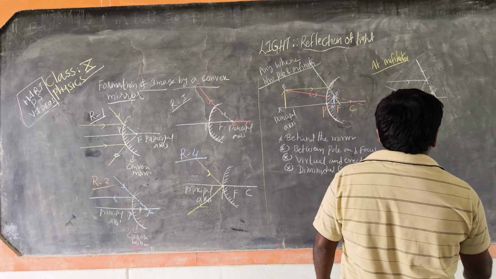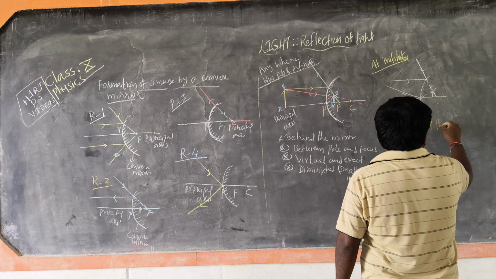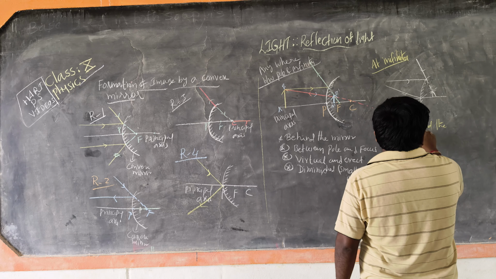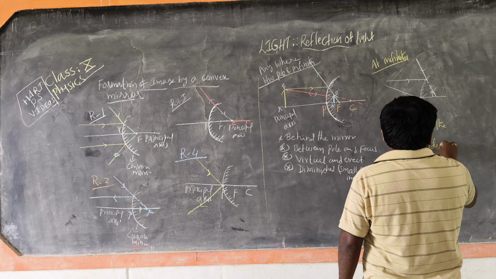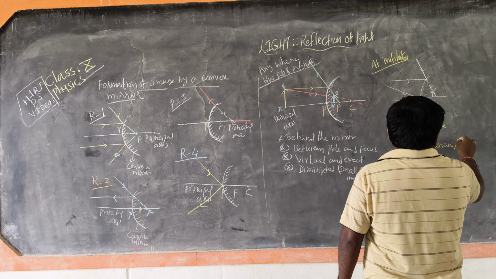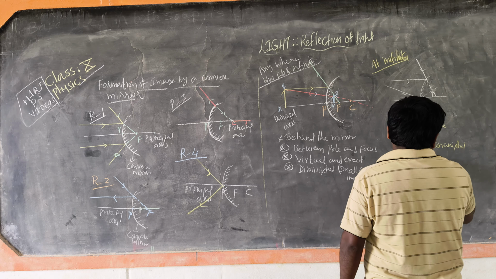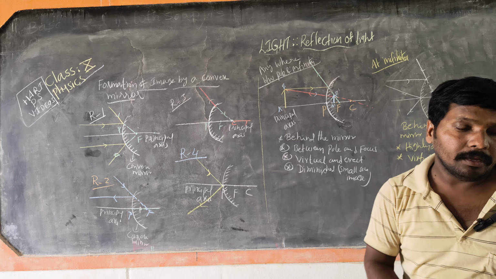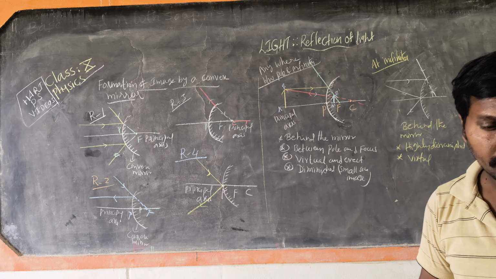It always forms behind the mirror, very small in size, always virtual and erect. So this is about formation of image by a convex mirror.